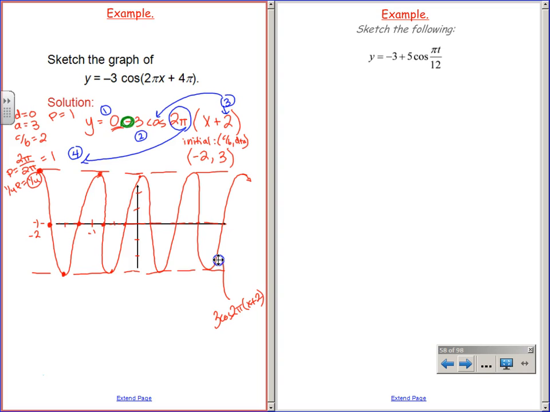The only thing that changes, wait a minute, we know this: a negative on the outside is a reflection. And a reflection how? A horizontal reflection or a vertical reflection? So instead of going up to 3, what should we have done? The initial point for the negative, the only thing that changes, is going to be -2, -3.